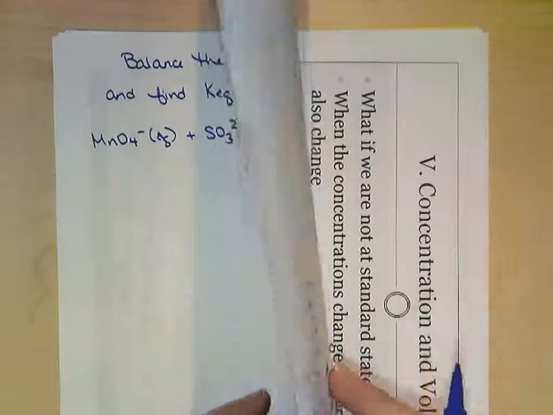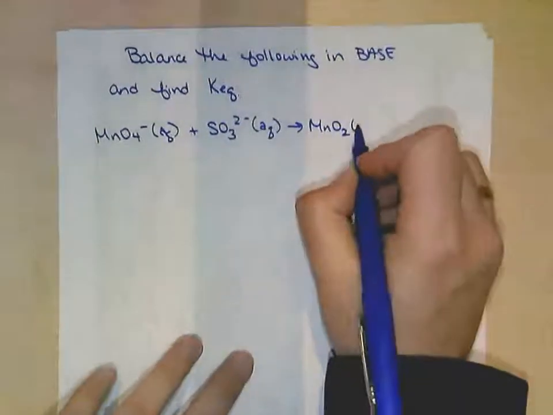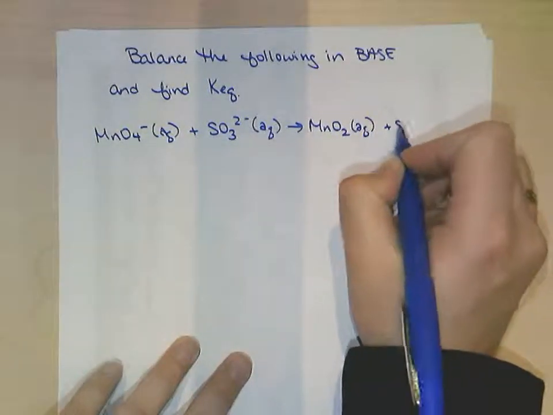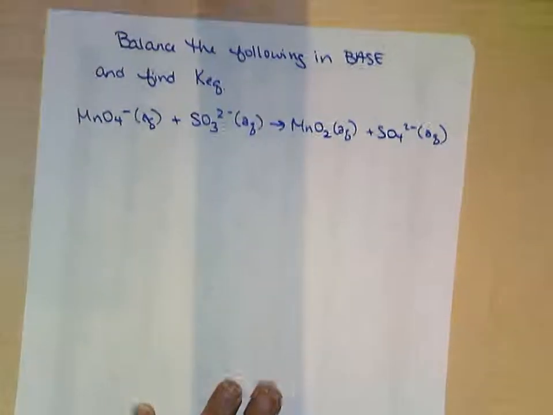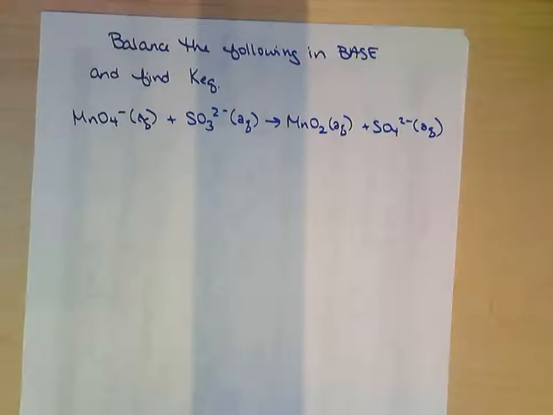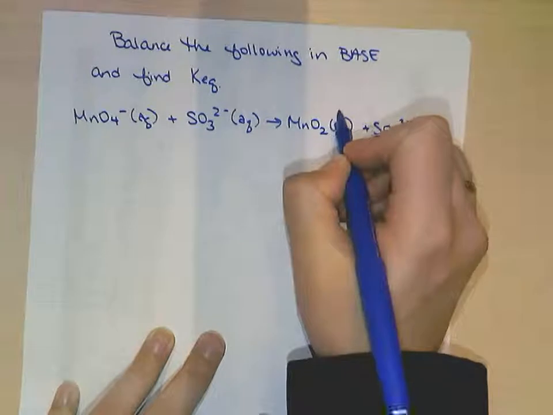Maybe it's aqueous. All right, so I have MnO4- combining with SO3 2- to make MnO2 and SO4 2-. Oh, that should be a solid. Sorry, solid. My handwriting's kind of sloppy in my notes.